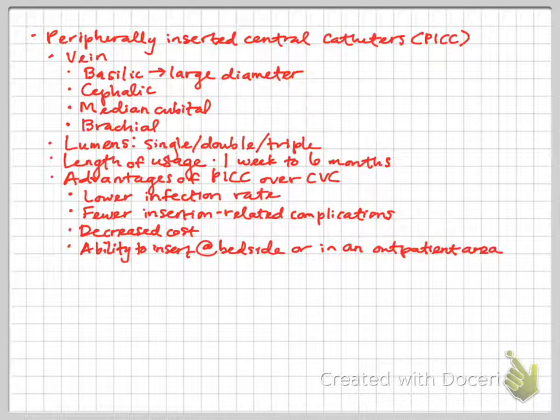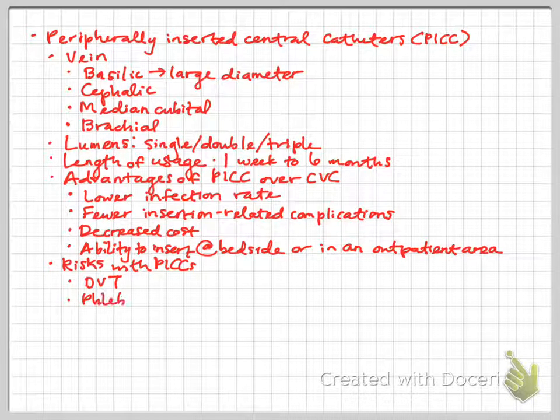Some risks with PICC lines. Make sure you look at table 16-20 for complications. There is an increased risk for DVT and also for phlebitis, which is inflammation of that vein. So if you see any redness, any purulent drainage, that would be infection.